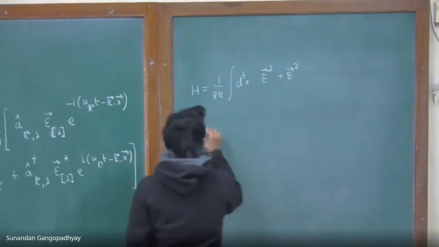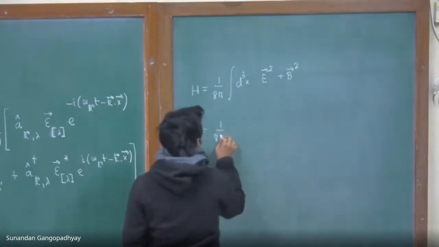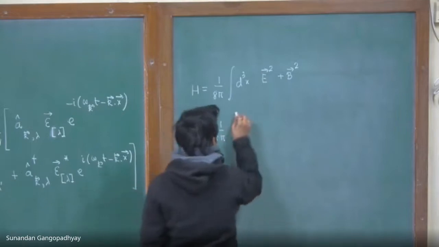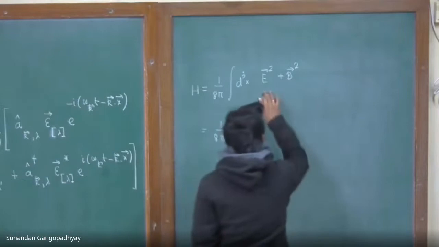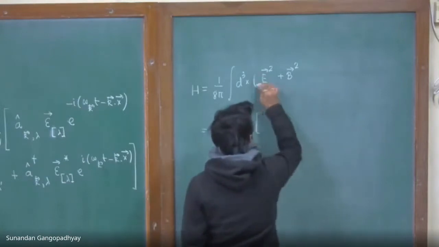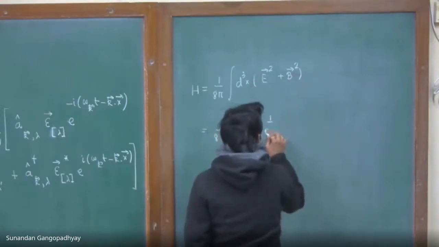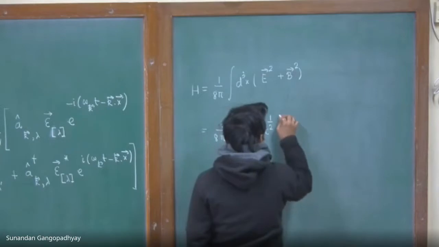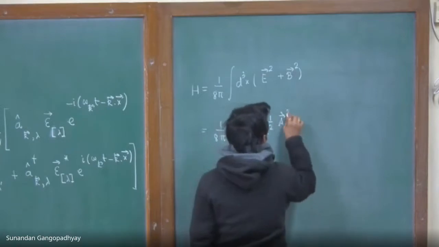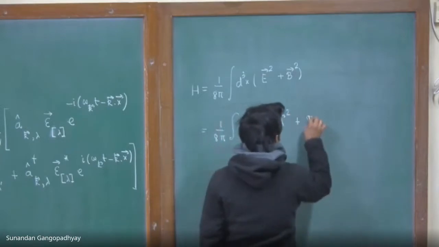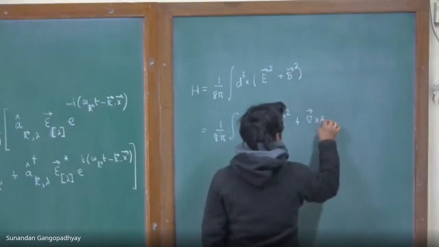And that you can actually write down as 1 by 8 pi integral d^3x, where E square is nothing but 1 by c square A vector dot square, and B square is nothing but curl of A whole square.